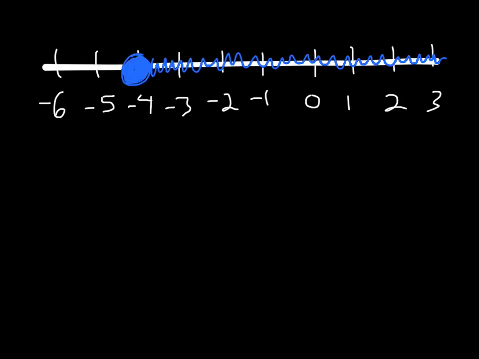Again, this last one we're given the graph, and we want to write this out using our notation. It looks like everything greater than negative 4. I'm going to write this as x is greater than or equal to negative 4, because it's a closed dot. So even though it's negative, we can still have greater than or equal to.